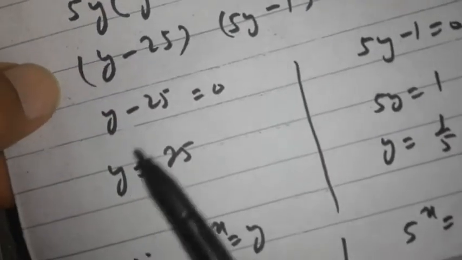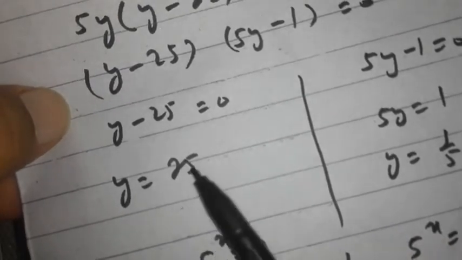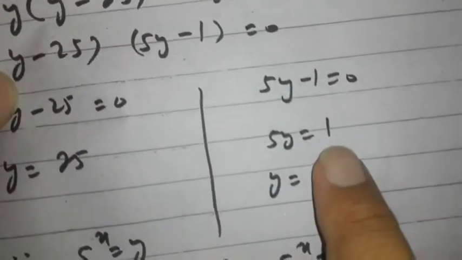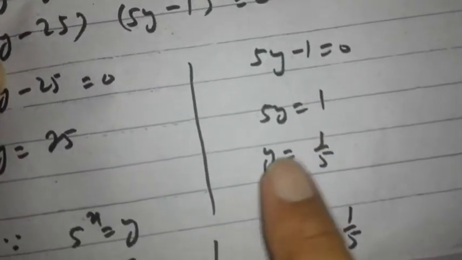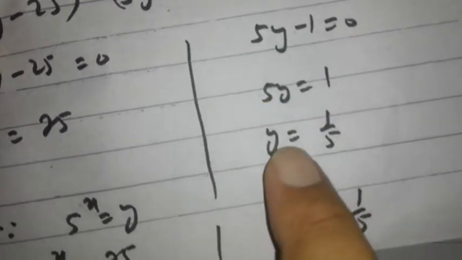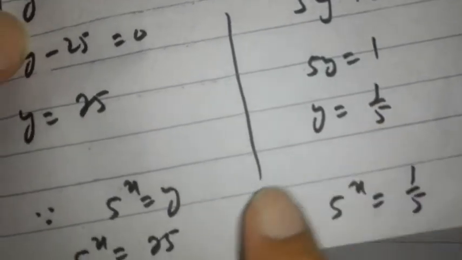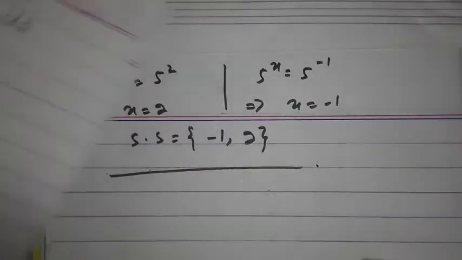Now look here, shift this 25 to the right side, y equals to 25, and this minus 1 also to the right side, we get here 1. Divide both sides by 5, we get y equals to 1 over 5. Now look, 5 power x equals to y, so in place of y we can write 5 power x equals to 25, and here 5 power x equals to 1 over 5.